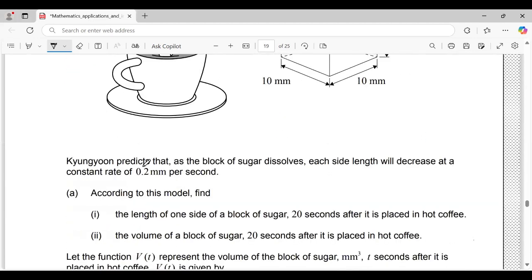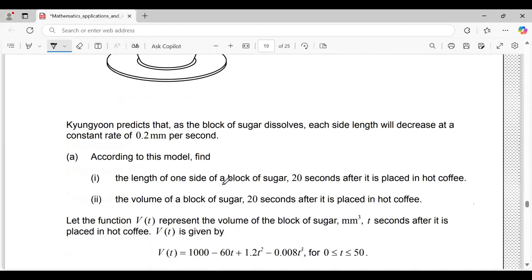Kyung predicts that as the block of sugar dissolves, its side length will decrease at a constant rate of 0.2 millimeter per second. According to this model, find the length of one side of a block of sugar 20 seconds after it is placed in hot coffee.